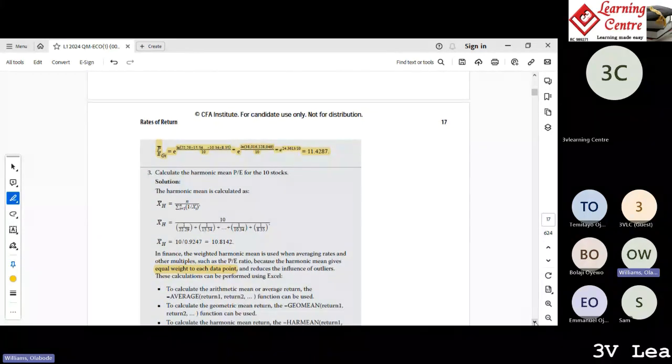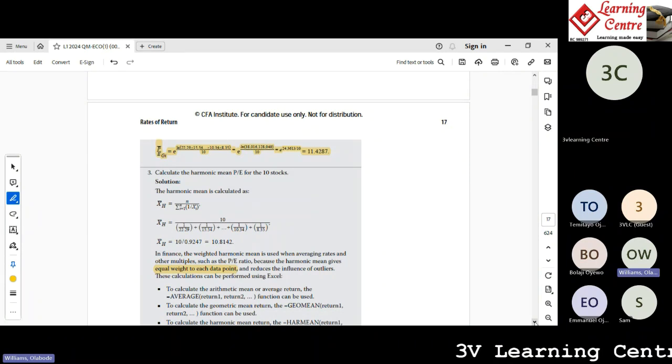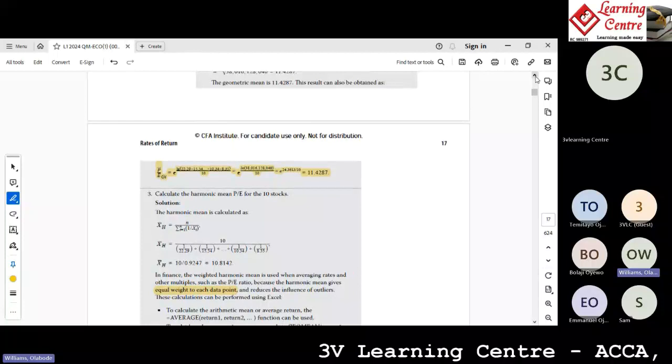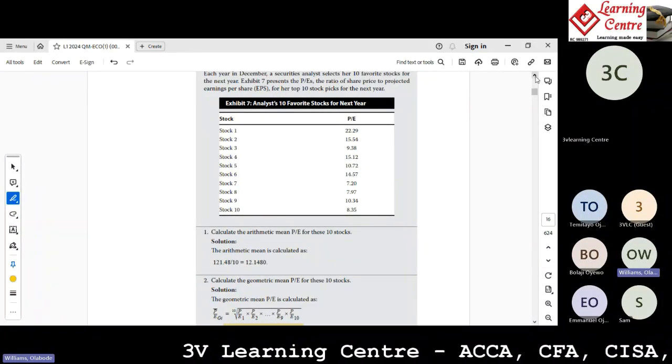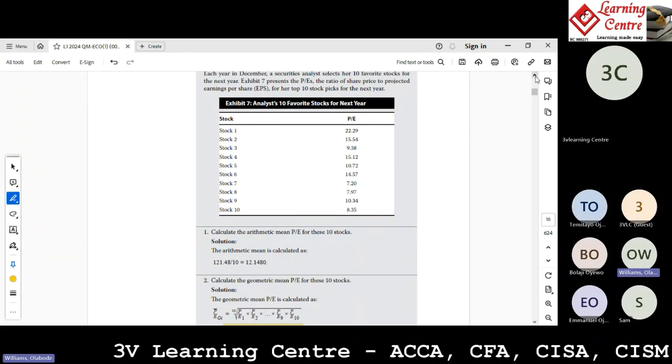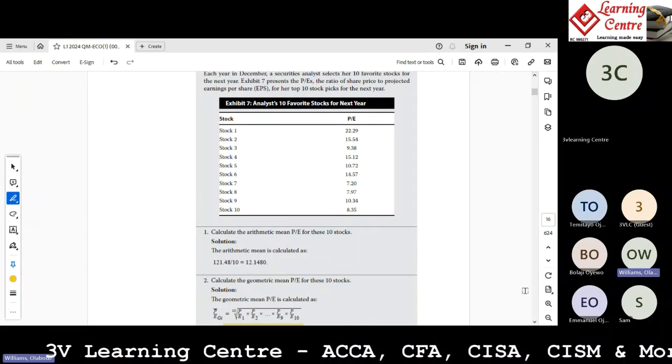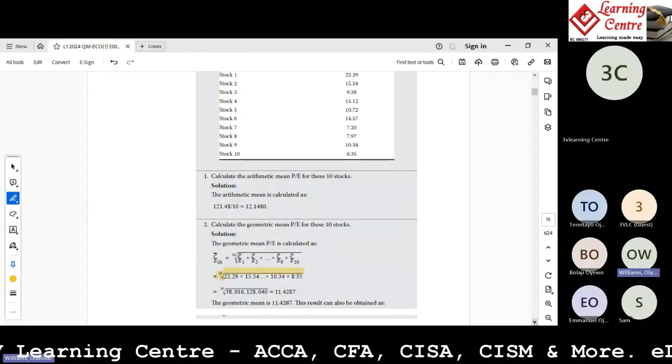And like I mentioned earlier, you use the reciprocal of the data set you have been given. So if you go back to the data set, you can see for year 1, stock 1 is 22.29. So you find the reciprocal, which is simply 1 over 22.29. And then you add all of the reciprocals together.